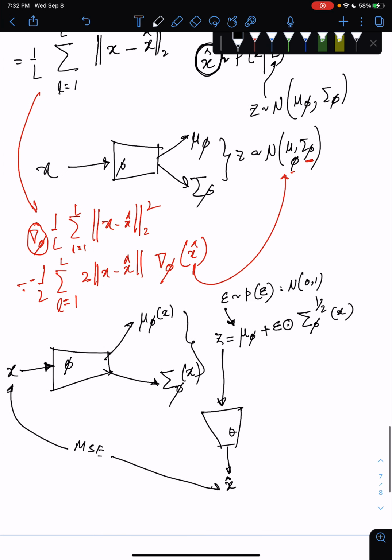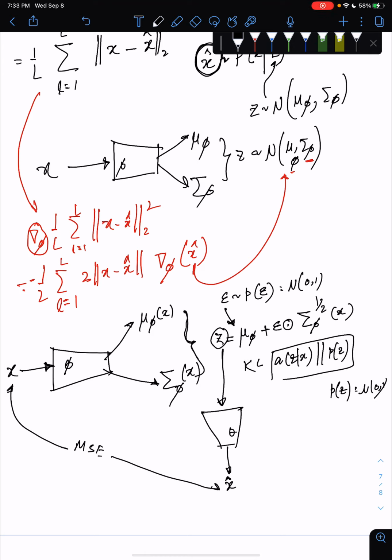We also have a KL divergence which acts as a regularizer between the distribution q(z|x) and my prior p(z), which is nothing but another normal distribution. Okay, so this is a KL, and these two are my loss function.